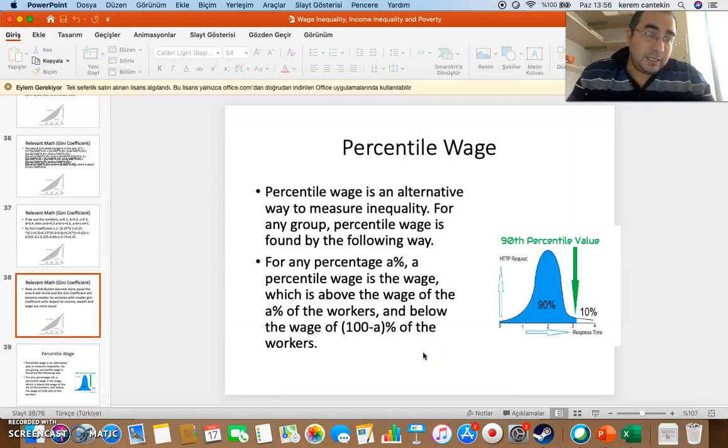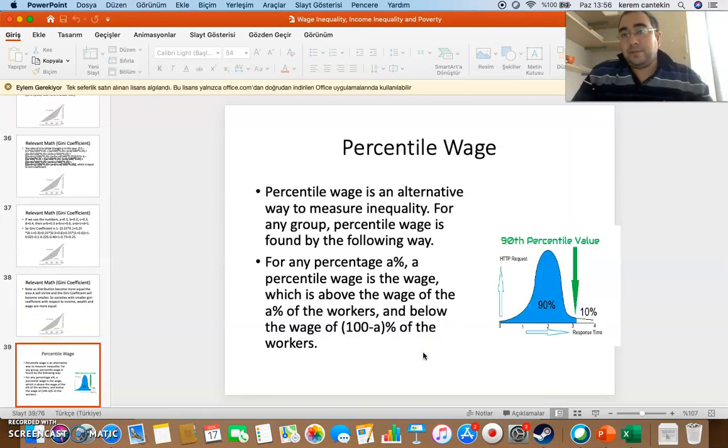So, besides the Gini coefficient, one of the variables that is used a lot to measure inequality is the percentile. In order to calculate a percentile, you just assume there is a hypothetical line starting from the person who has the least of the particular variable, least wage, or least wealth, or least income, and you line people up to the person who has the most of what you are measuring, most income, most wealth, most wage.